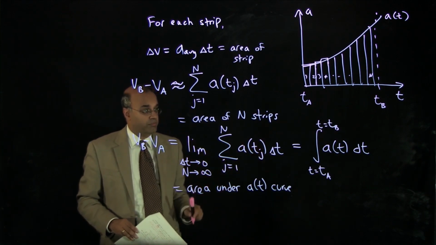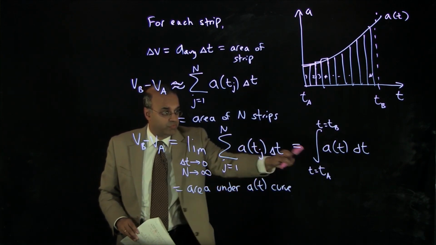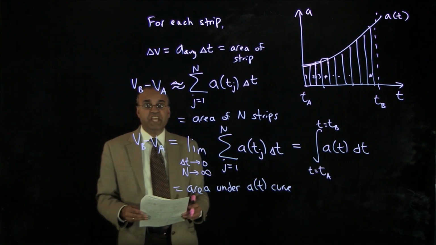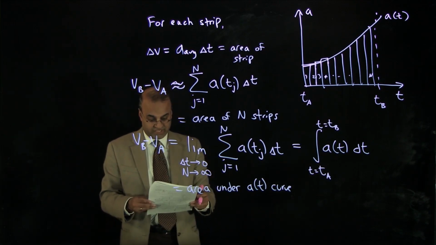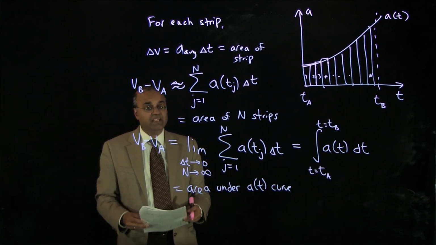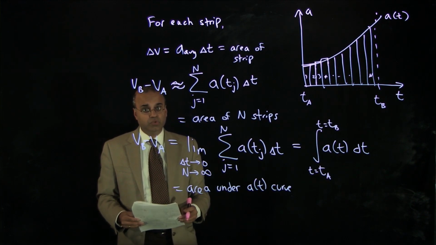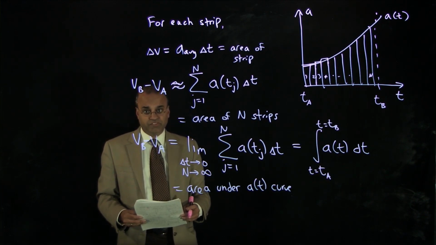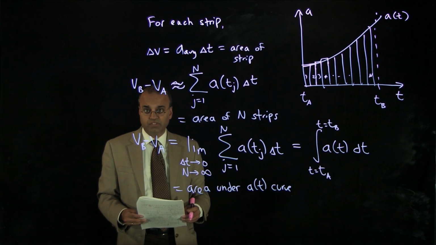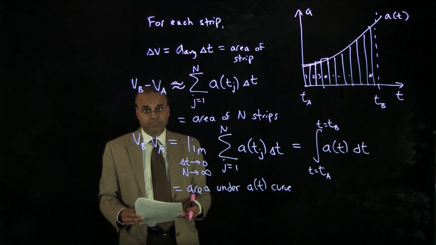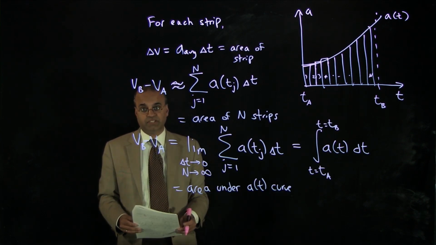This limiting sum that we've written this way on the right-hand side is called the definite integral of a of t. And it's related to the process of integration that you've learned about in calculus, which is the inverse of taking the derivative, the inverse of differentiation.